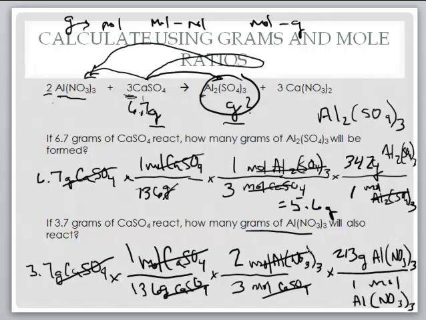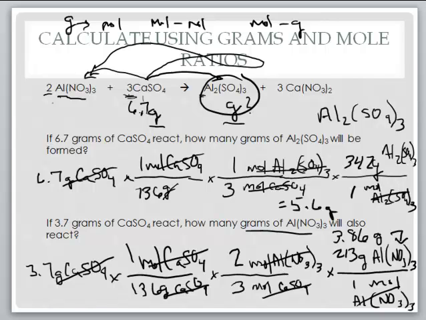So our moles cancel and we're left with grams. Do the math. 3.7 divided by 136 times 2 divided by 3 times 213 gives us 3.86 grams of our aluminum nitrate.